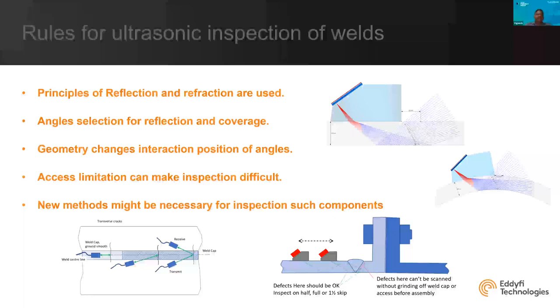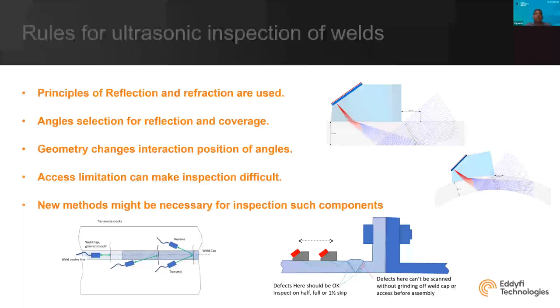But sometimes, when the geometry of the component that we try to inspect is not flat, if it's a bit different than usual, it becomes challenging to understand where the ultrasonic energy goes after it reflects from a particular area. To anticipate that is a bit of a challenge. It needs a bit of skill. It needs quite a lot of experience.